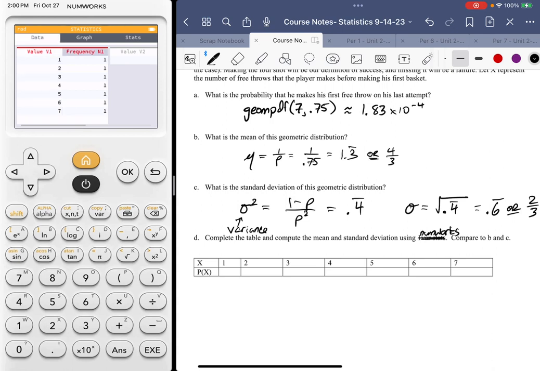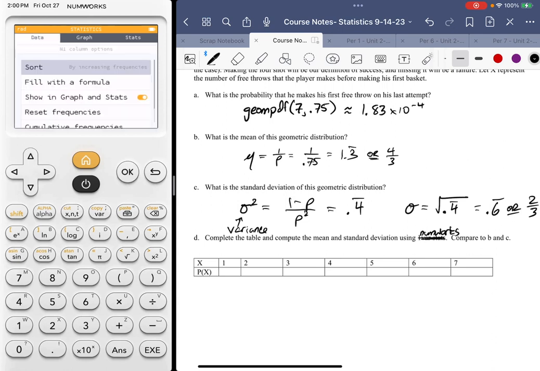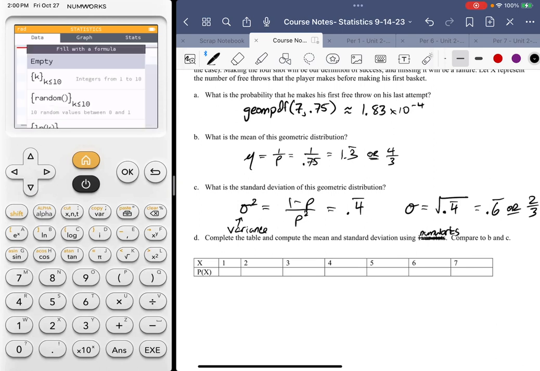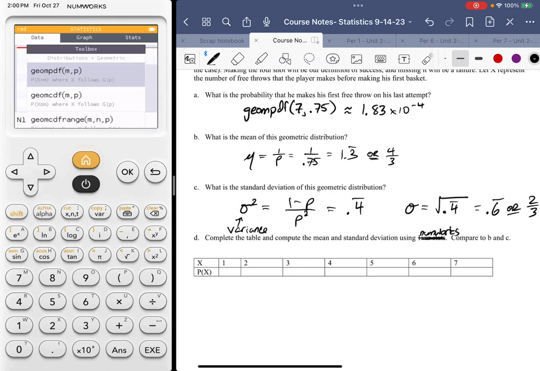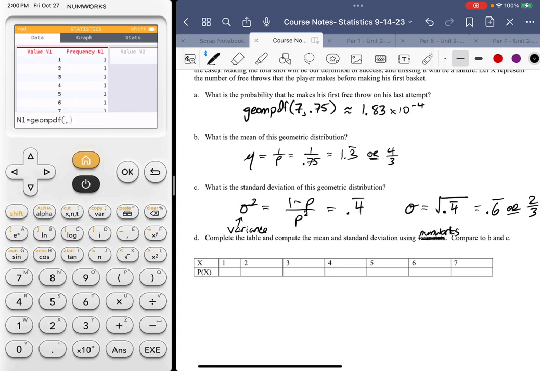Then I'm going to put in my rule under frequency, fill with a formula, empty, Geom PDF, lock it in. My information for the number of trials to get a first success is in V1, so I do shift alpha division 1, and then the probability of success on any one attempt is 0.75. They told us that in the open.